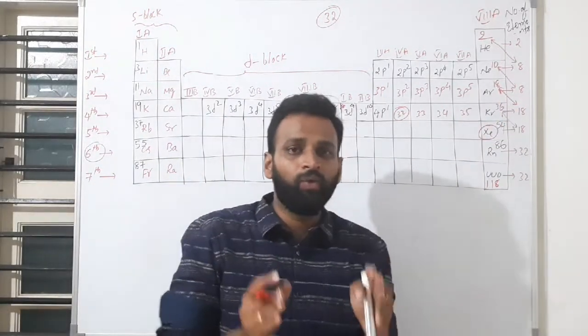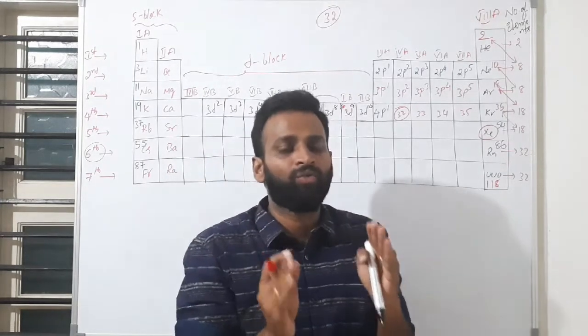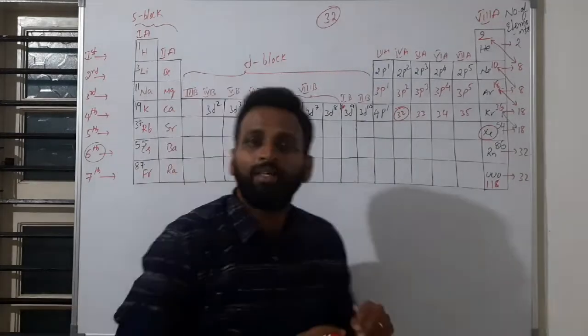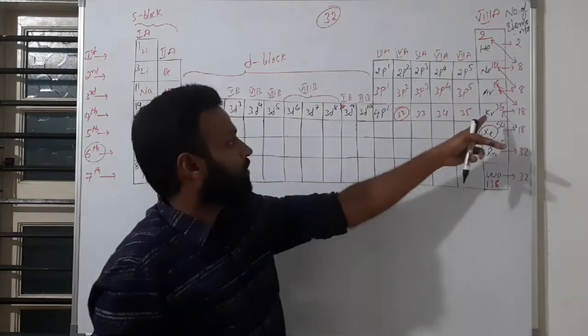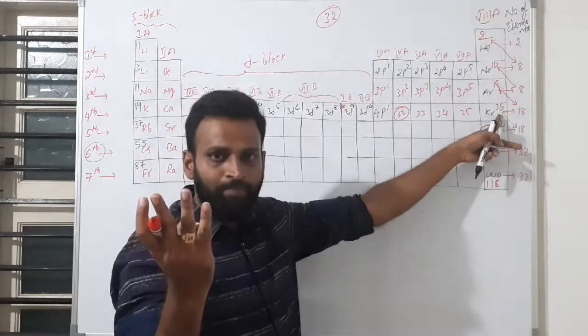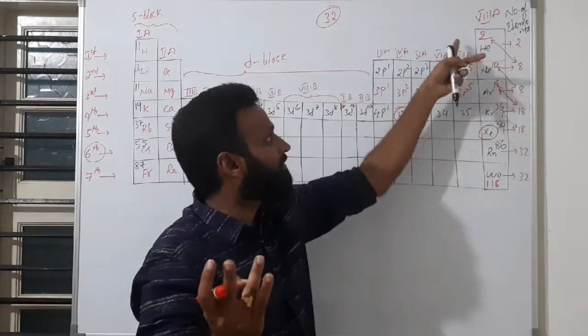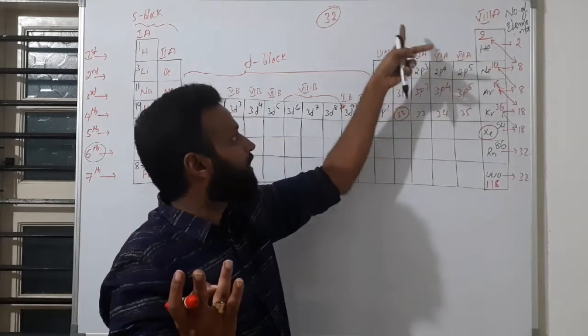So that's why I am telling you, if you remember the atomic numbers of the 1A group as well as the noble gases, it will be easy for you. So, okay, 36 is 8A, 35 is 7A, otherwise 18 group, this is 17 group, 16, 15, 14.